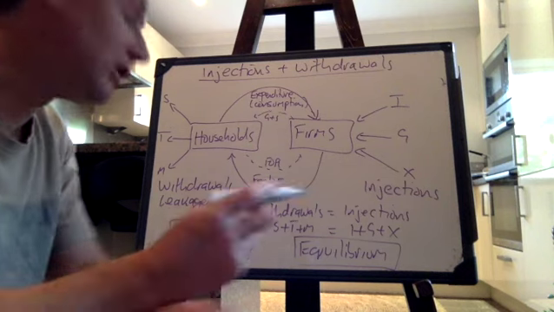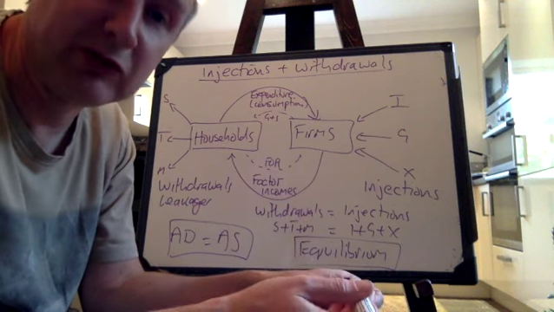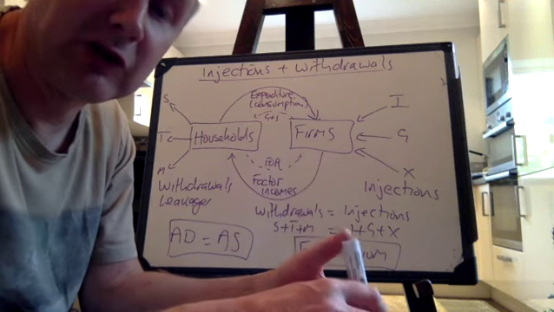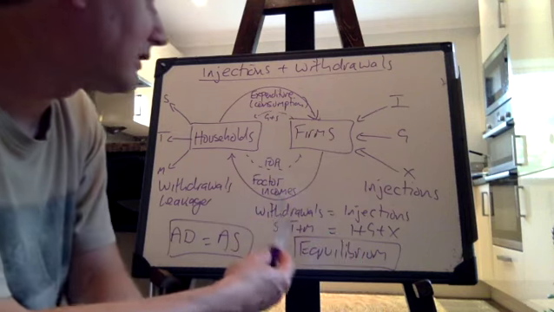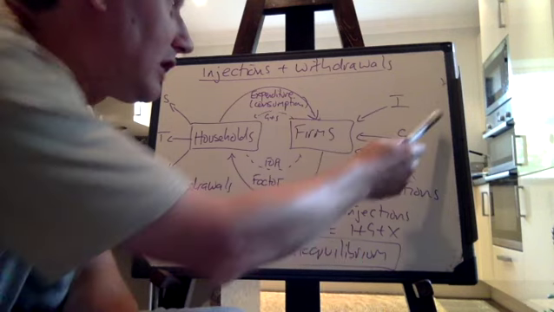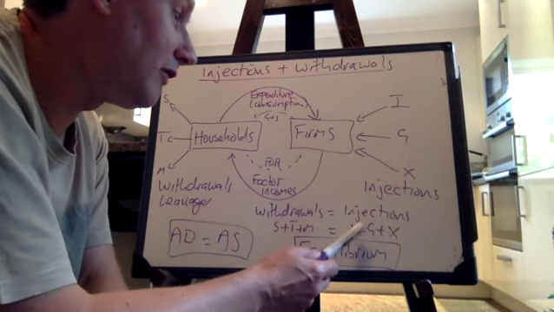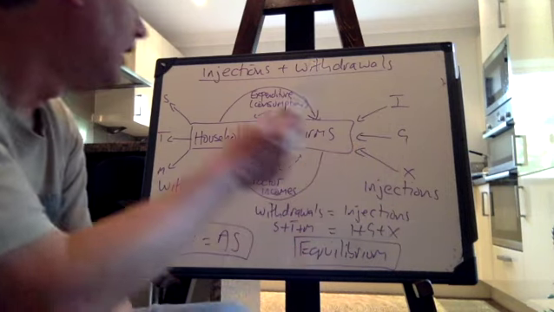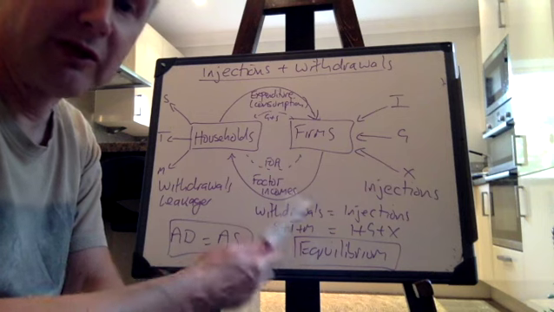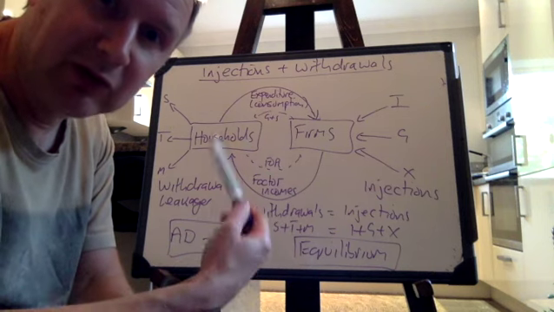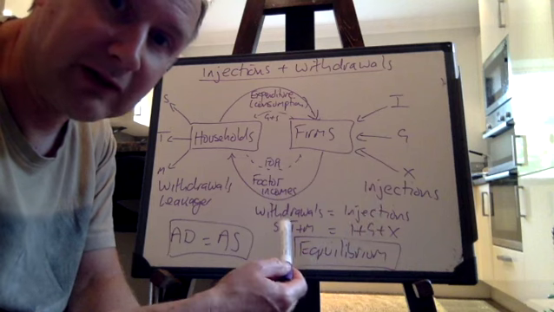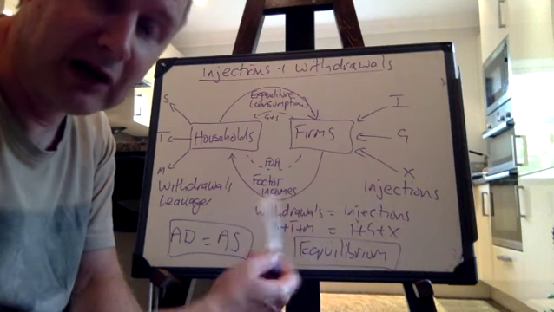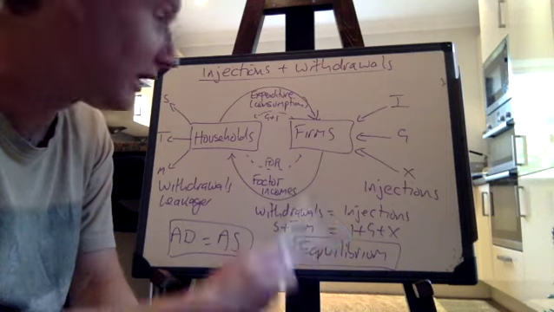So an alternative condition for equilibrium that we'll come to fairly shortly is total demand, aggregate demand, equals total supply. But for now, it's this idea that if injections into the circular flow of income, investment plus government spending plus exports, are equal to withdrawals from them, then the model is in equilibrium, the economy will be stable. GDP will be neither rising nor falling, hence equilibrium. And in a minute, we'll come on to look at what happens if they're not equal.